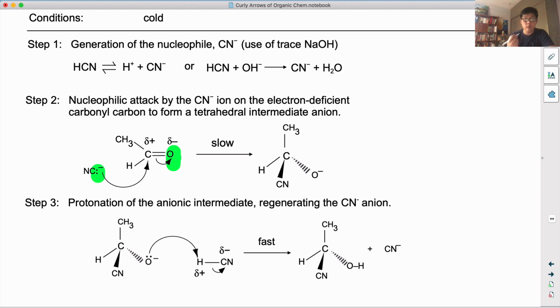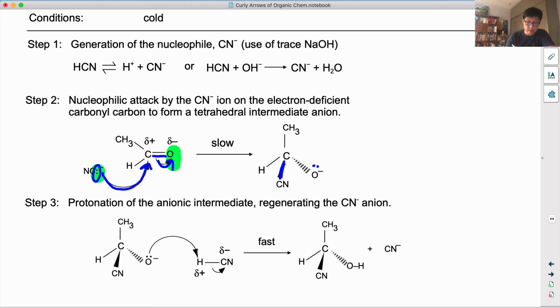Just look at what's happening. This is a lone pair. When I attack this carbon, the lone pair became a bond pair. Can you see? Lone pair became bond pair. This is the bond pair I'm talking about. Once electrons go to the oxygen, there's a dot here, so now the bond pair becomes a lone pair.